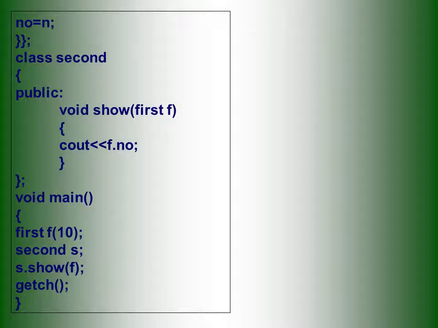Here also the object can be passed as an argument into the function, and the function can access the particular variable of the first class. Okay, the private variable. This is how the friend class can access the private data member variable of another class by making it a friend. Okay, so this is how we can use the friend classes.